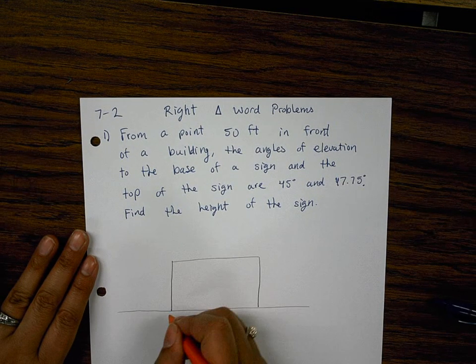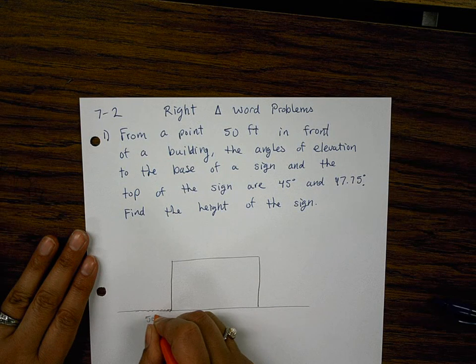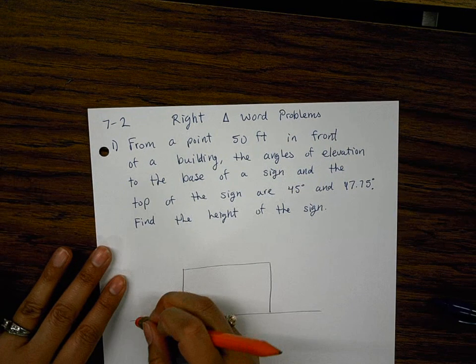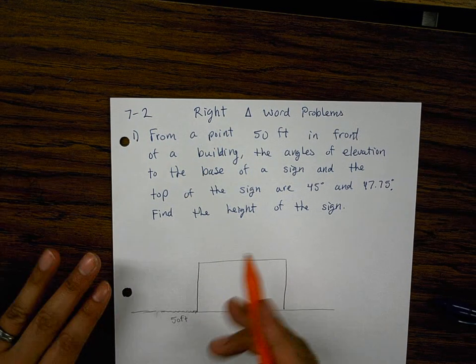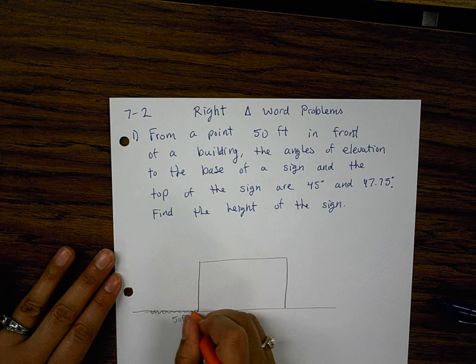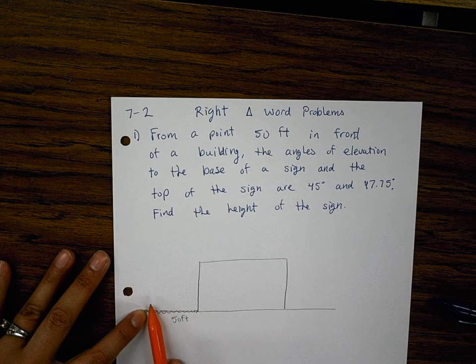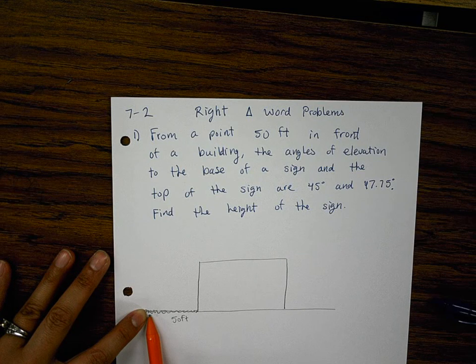Okay, so here's my building. From a point 50 feet in front of the building, I'm going to call this the front of my building, and I walk away 50 feet. Actually, I'm going to go out a little bit further just so I have room in my picture. So here's the front of my building, 50 feet away.